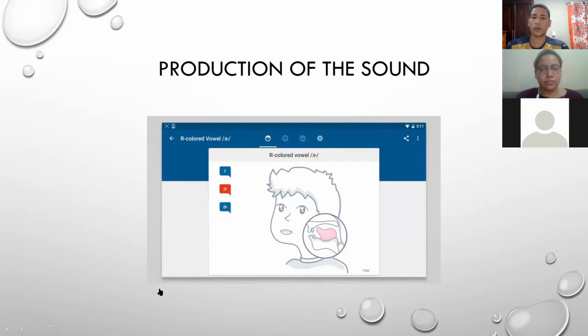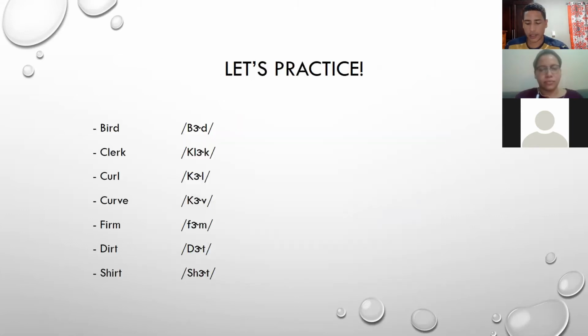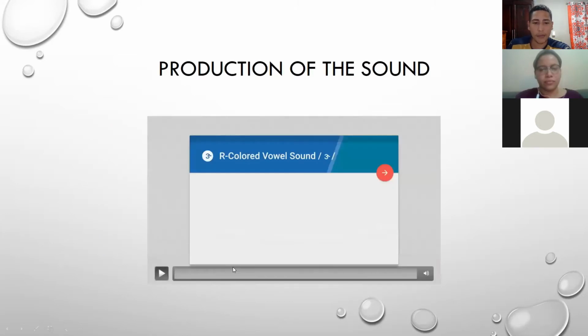The sound is a tense vowel sound, so your tongue, mouth, and throat should be tense when you pronounce it. It's like I've been telling you, it is a strong sound. So every part of you when you pronounce this sound is tense: your mouth, your tongue, and your throat.